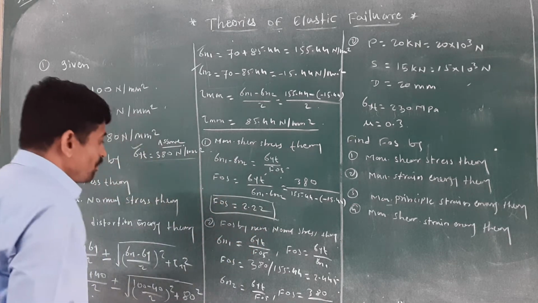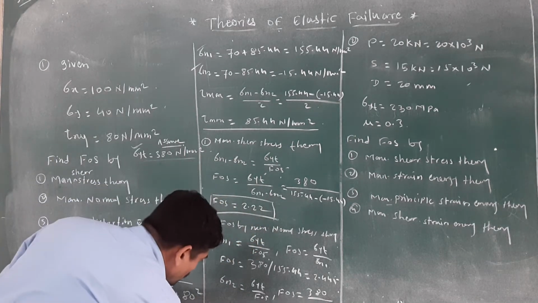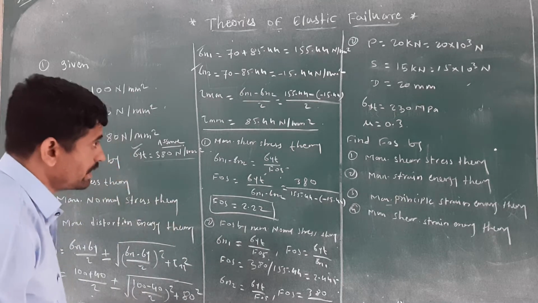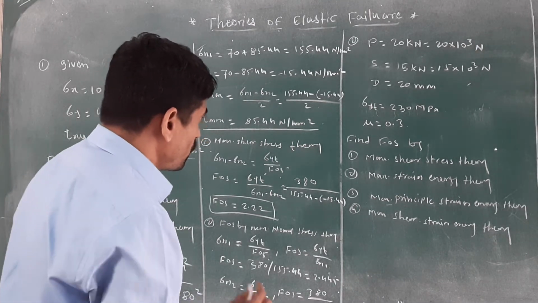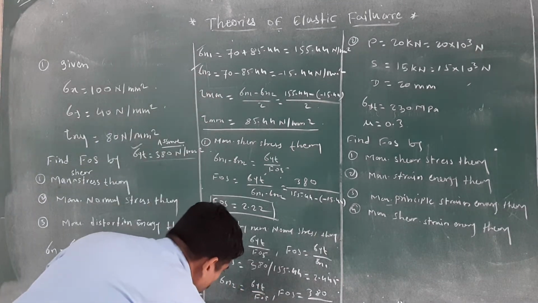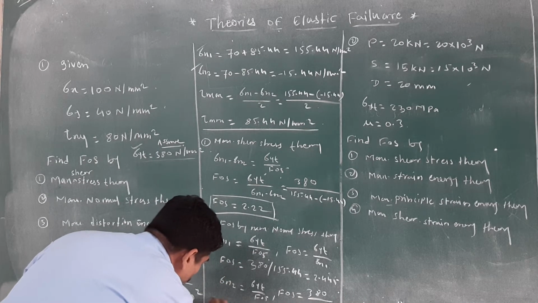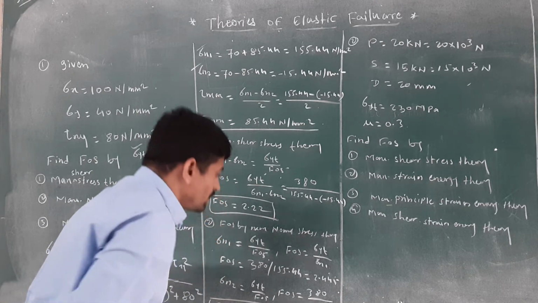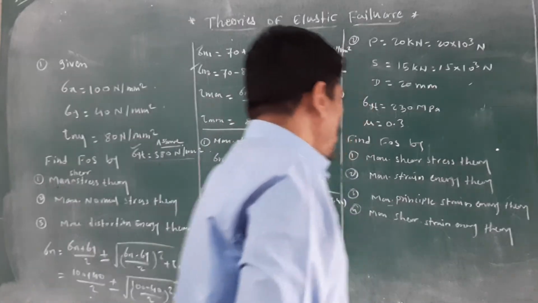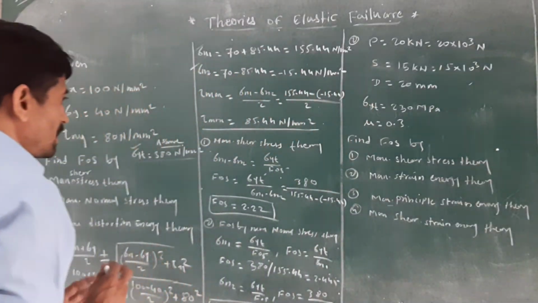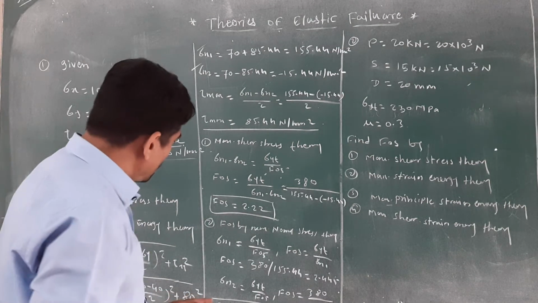This is the minimum principal stress. Then you will get something like 24.61 factor of safety.